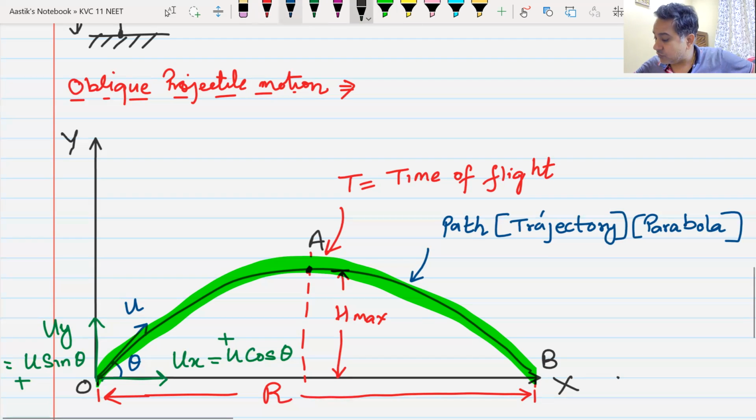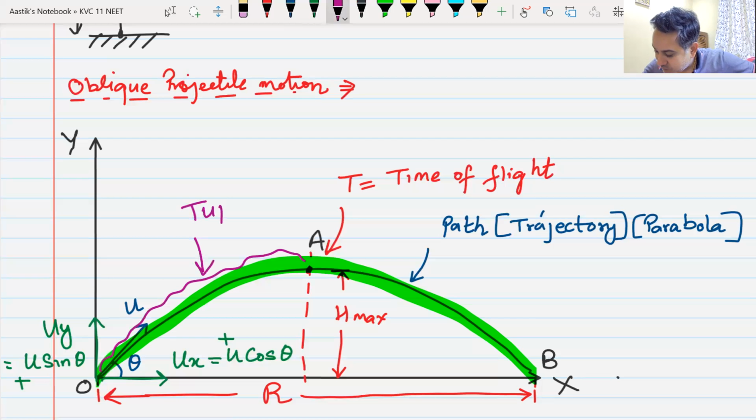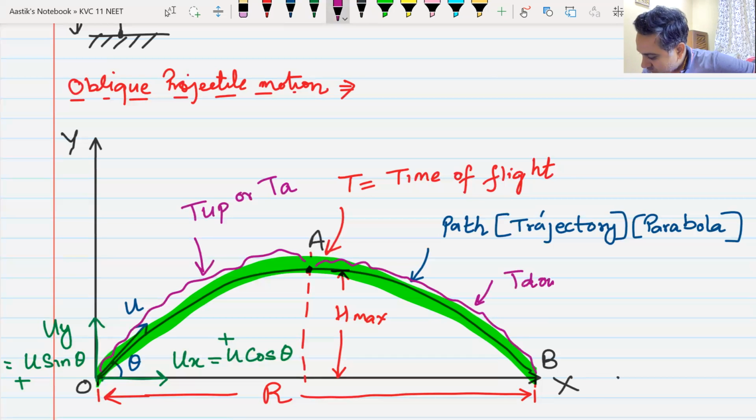Time taken to go from O to A is the time of ascent, or time taken to go up. Call it TA. Then, time taken to go down, you can call it TD, or time of descent.